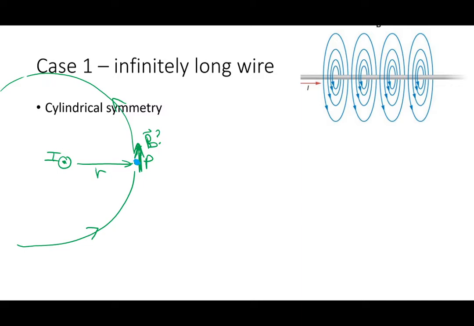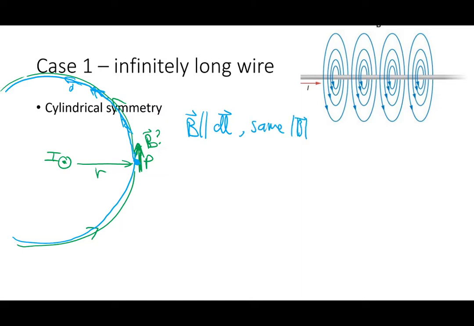And the one to draw would be a circle of radius r. So at all these points, you know that the magnetic field runs in the same direction as your loop, at every single point. So we specifically choose that B is parallel to dl at all points, and that they have the same magnetic field magnitude.